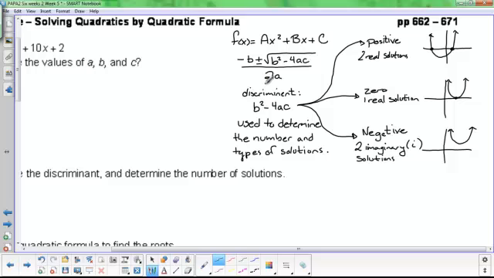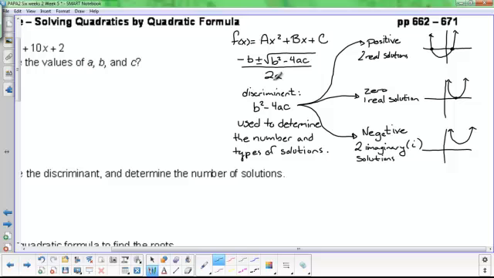Now you've had some experience in converting this form into vertex form, and then from vertex form finding the solutions using only variable coefficients. That is where the quadratic formula comes from, and that is how this formula is derived.